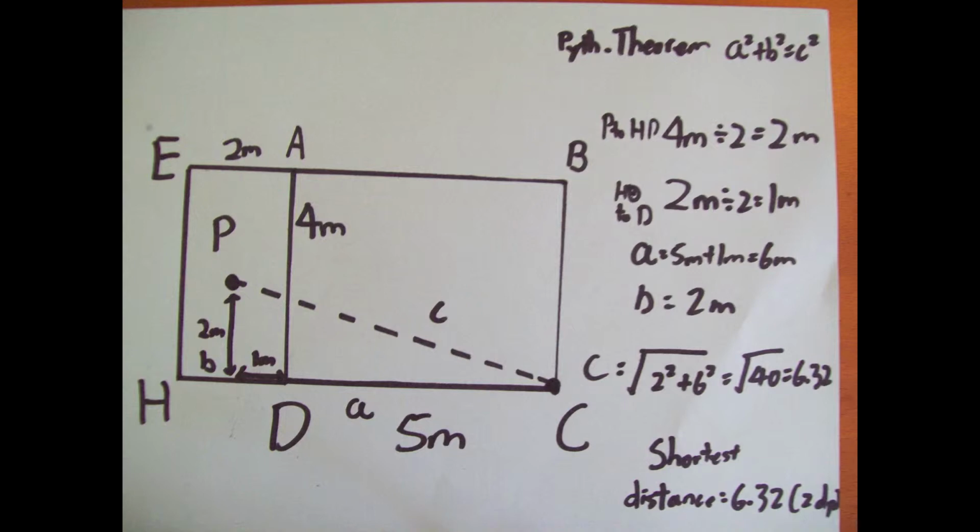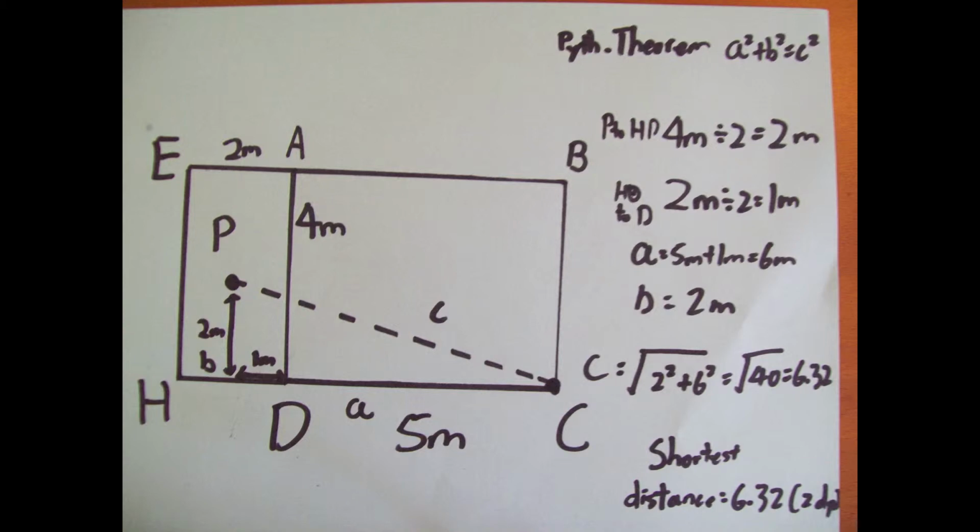As you can see from the picture, PC is the hypotenuse of the triangle PXC. So PC will be the c in the Pythagoras theorem, and the other two sides will be a and b. We will let XC be a and PX be b.